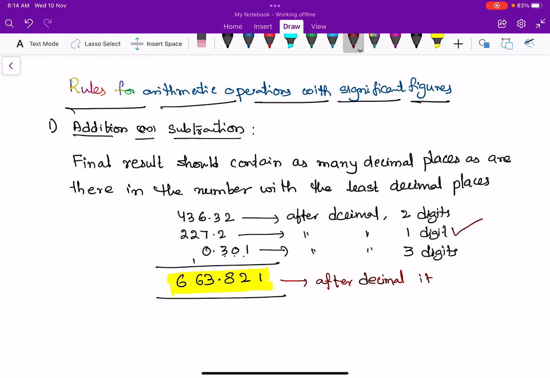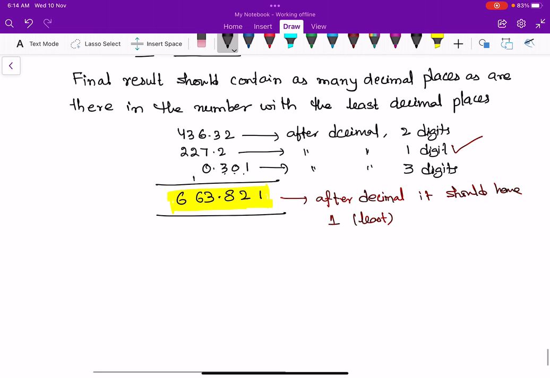The 2 and the 1 can be dropped, so 663.8 is the final answer.